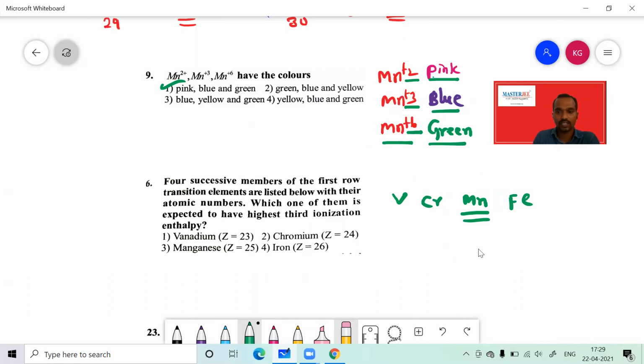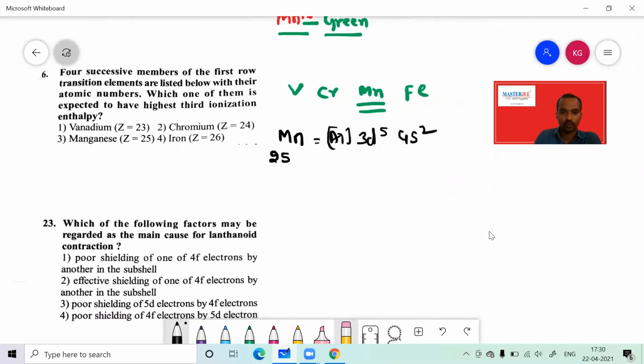How? Manganese, atomic number 25, has the electronic configuration argon 3d5 4s2. Let me expand the 3d5: 1, 2, 3, 4, 5, and this is 4s2.